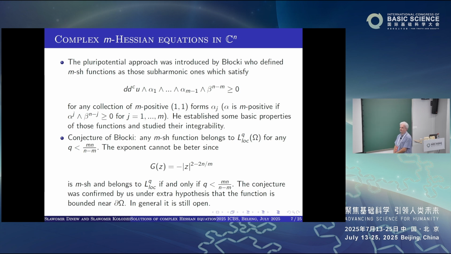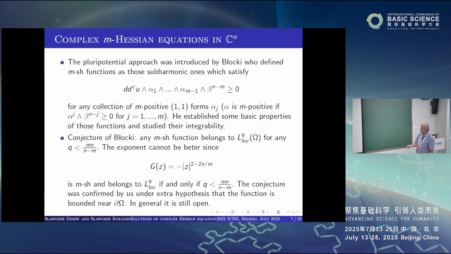If it is C2, then sure. So we look at L^q locally for q smaller than this. And his conjecture, still open in general, says that any m-subharmonic function belongs to this space.